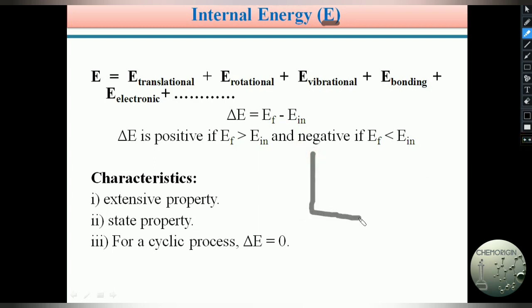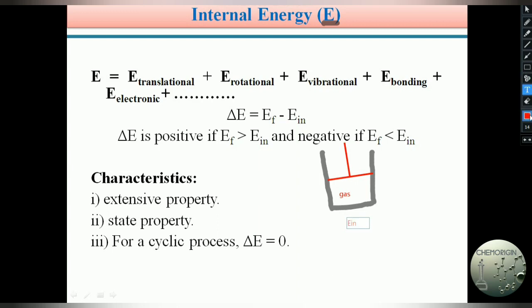This cylinder is attached with a frictionless piston. So in this cylinder, gas is present. Initially, its internal energy is E initial, EIN.